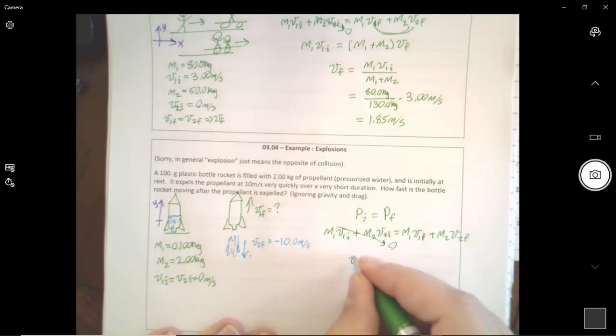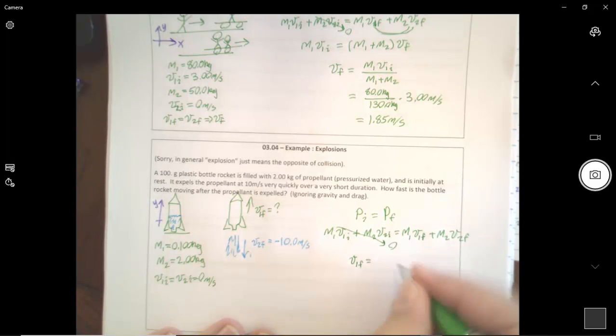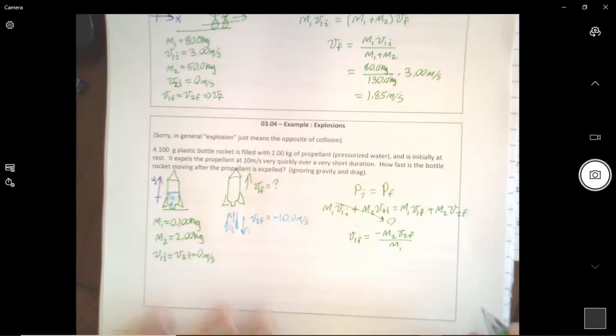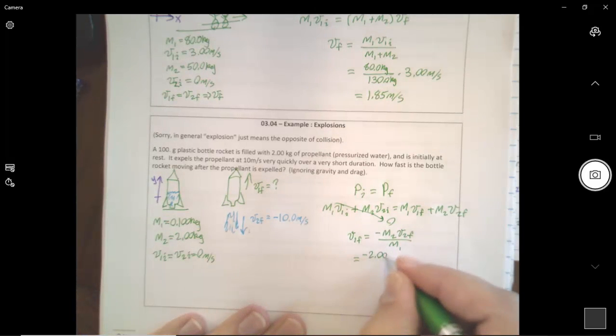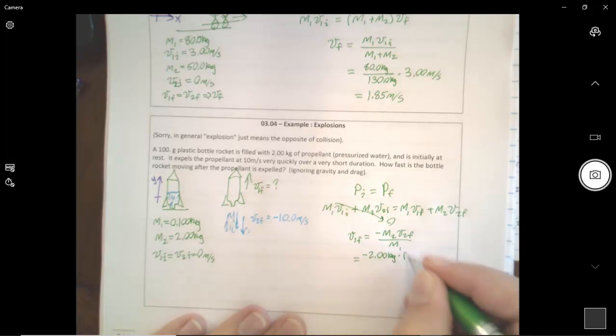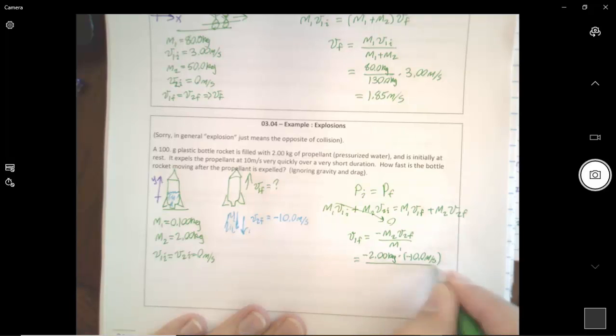And so we have V1F is equal to negative M2 V2F over M1. We know all those numbers. So we have a negative 2.00 kilograms times a negative 10.0 meters per second over 0.100 kilograms. And we get the negative and negative cancel out, and we get the shockingly large value of 200 meters per second.